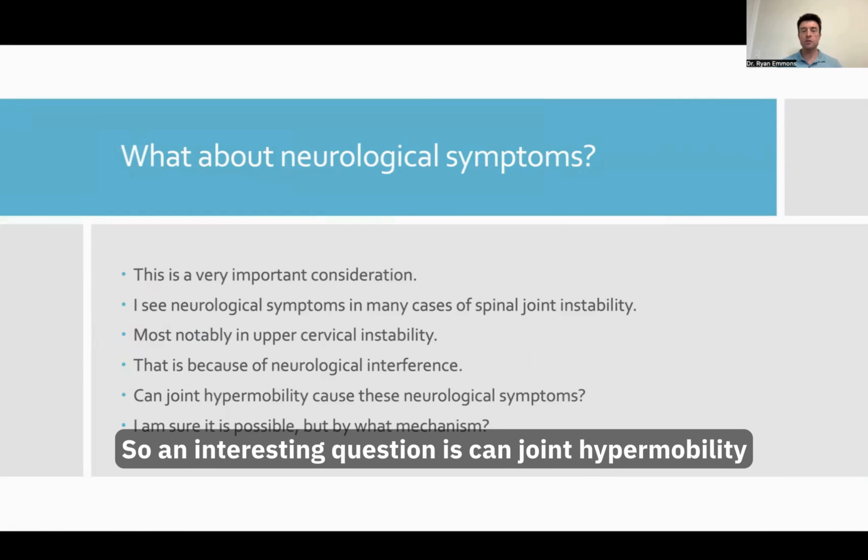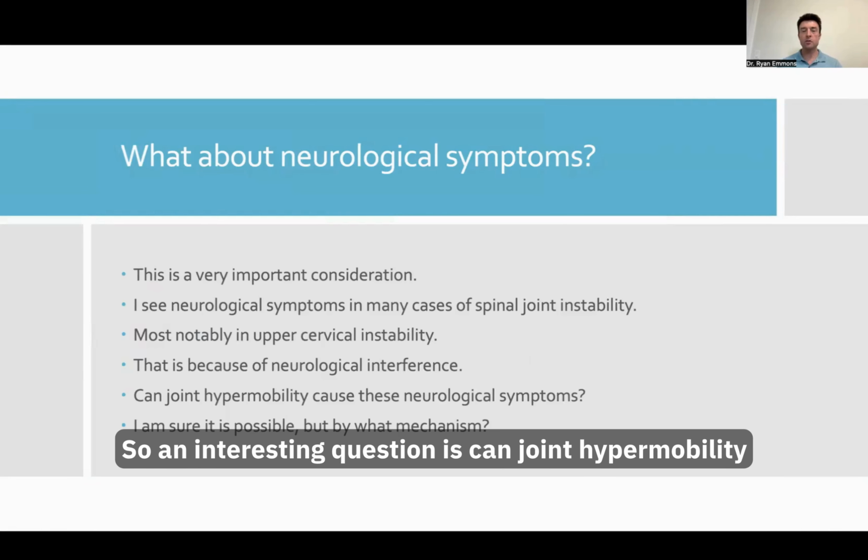We can use imaging, and a lot of people online will push the use for imaging, but this is not always necessary, as I have indicated in my previous video on upper cervical instability, and it's not accessible for everybody to get, and we don't want to limit the access to getting joint instability treated.